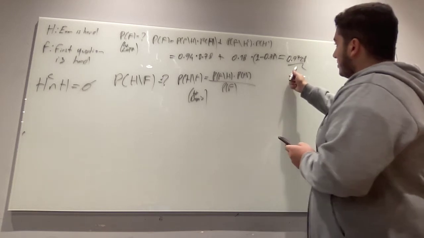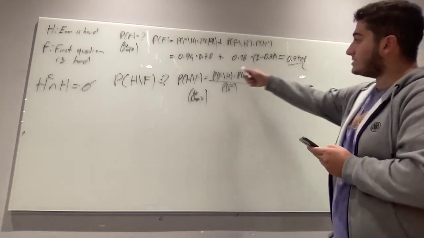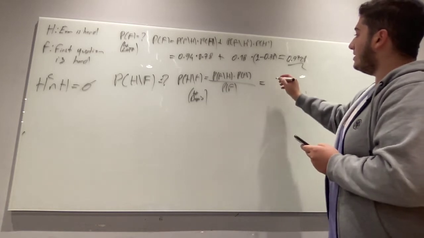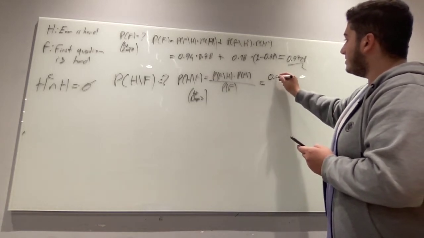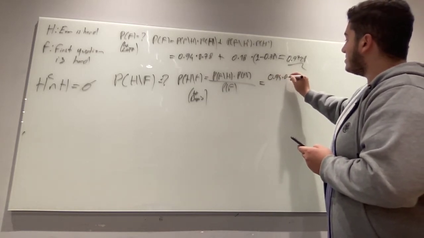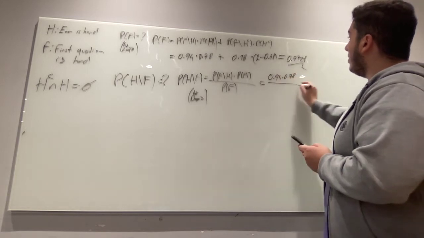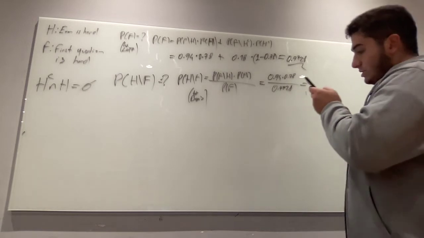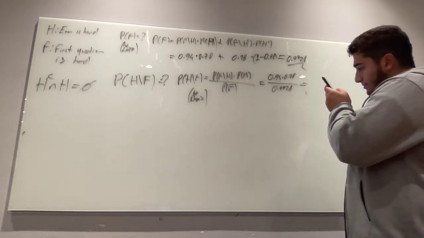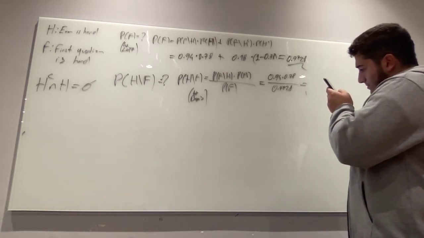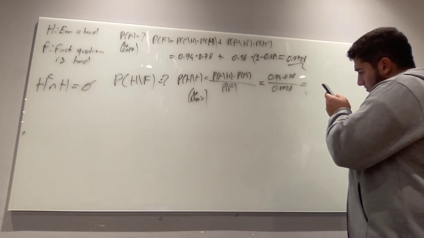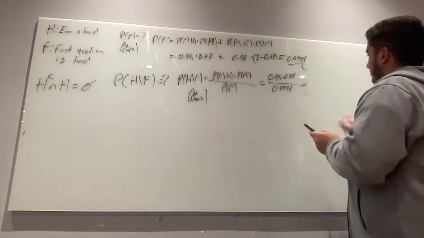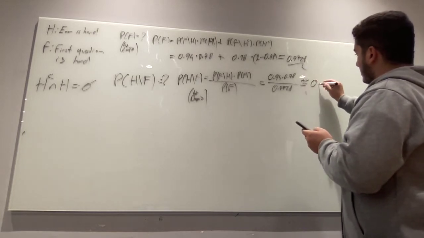I already calculated probability F and I know the rest from there, so I am writing directly over 0.778028.